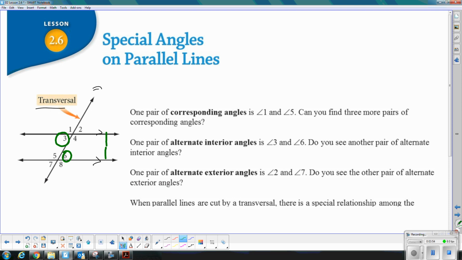So in between the lines on opposite sides of the transversal. Another set of alternate interior angles, 5 and 4, they are both in between the parallel lines, but on opposite sides of the transversal.